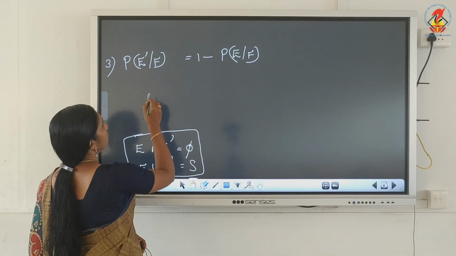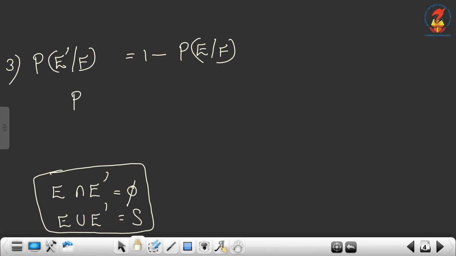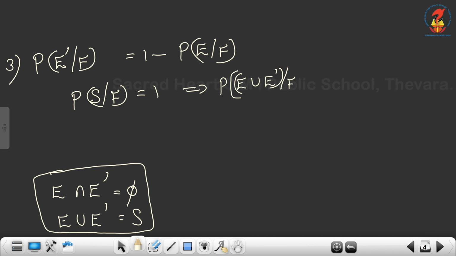The proof is, we know that P of S given F is equal to 1. This is the first property. And S is the same as E union E complement, which implies P of E union E complement given F is equal to 1.